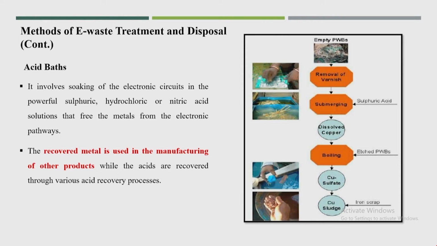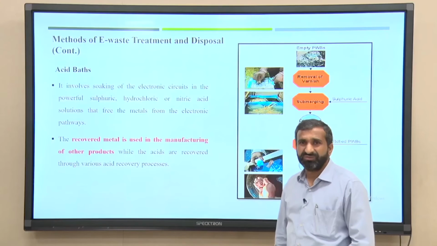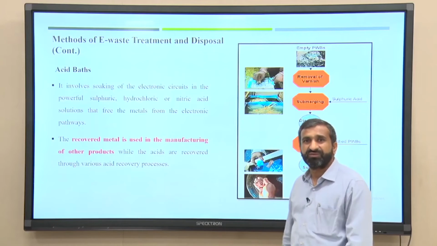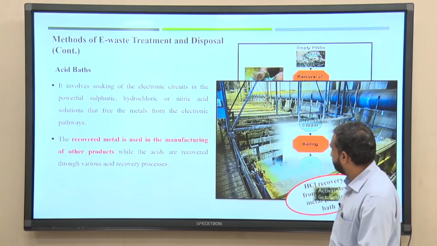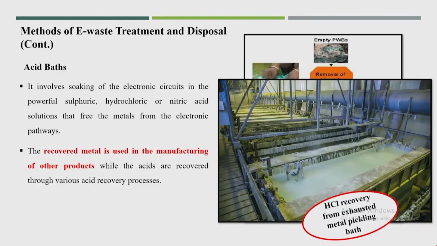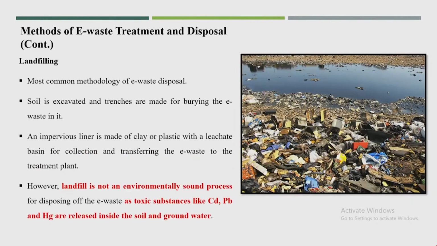You can see that by bare hand, informal sectors try to segregate or recover valuable products, because gold and silver are easy to find, but the concentration is low, and still there is a huge informal market available for that. This is purely one particular plant of an acid bath.